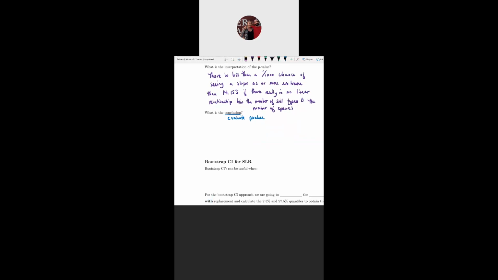We would say that we have very strong evidence against there being no linear relationship between the number of soil types and the total richness.